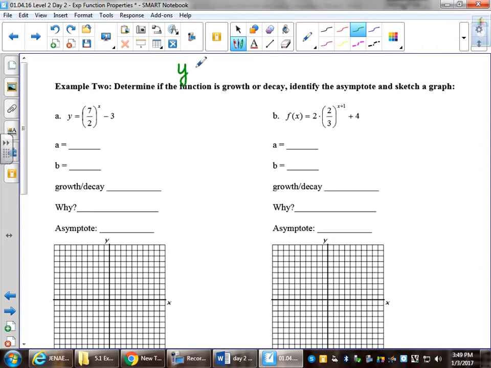So it's y equals a times b to the x minus h. Notice how careful I am to make sure that this is up high, plus k. And now I have this as a reference at the top of my paper, and now I can use it.